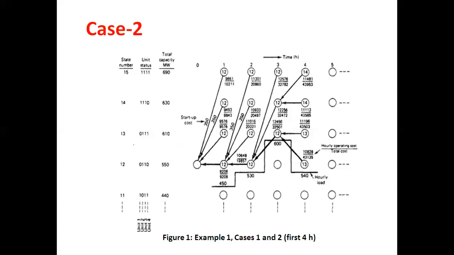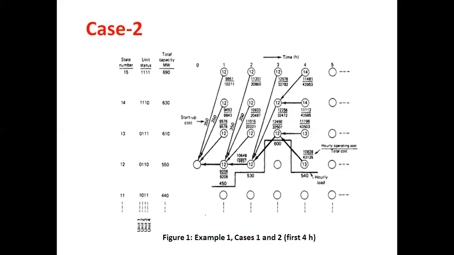With the help of complete enumeration, we are moving from state 12 to state 13, because previously with the help of the priority list method, we were moving from 12 to 14 state, which means we were turning on the first unit. Now we are moving from 12 to 13 state, turning on the less efficient unit, unit 4, rather than committing unit 1 at hour 3.